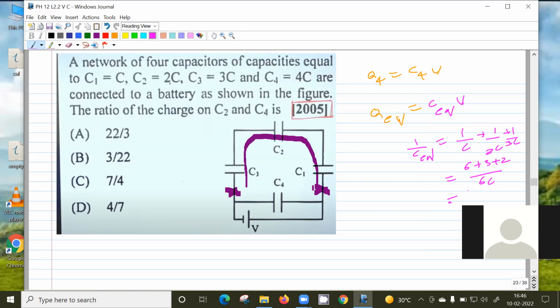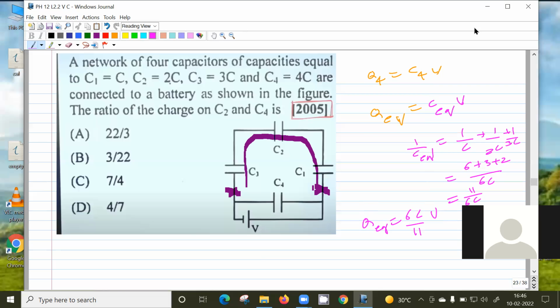22/3, sir. First option. Okay. So Q equivalent is 6C/11.